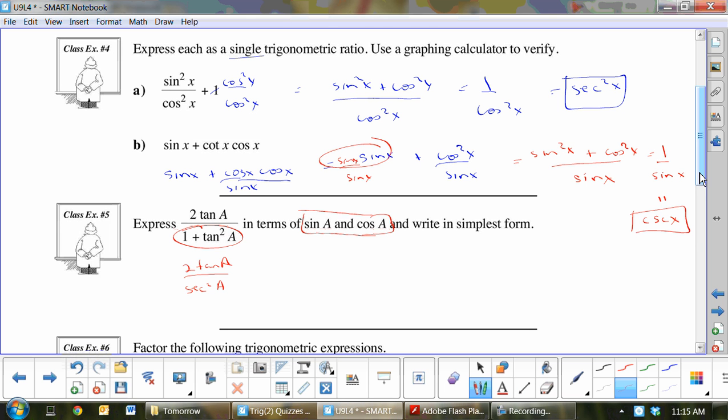So this is the same thing as 2 sine A over cos A all over 1 over cos squared A. Oh, sorry. This is wrong. That square is bad.